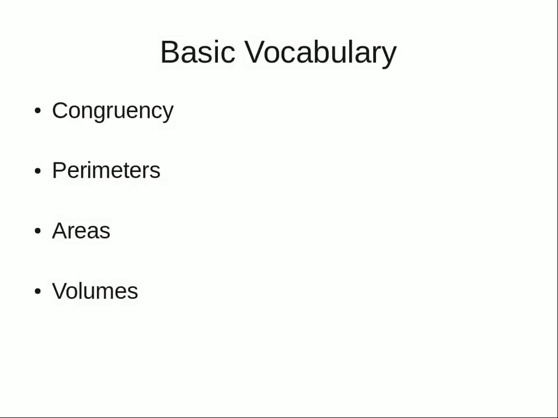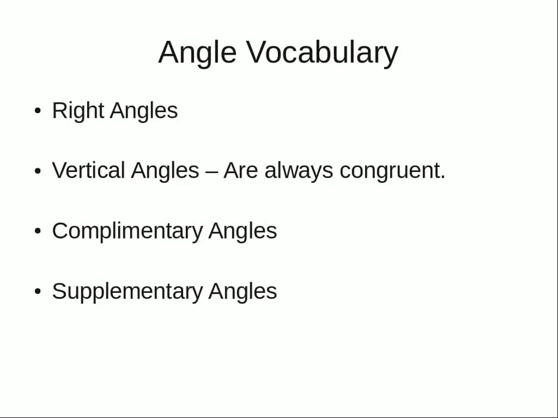All right. Areas, that refers to the amount of space a two-dimensional figure or shape takes up. Volumes, that refers to the space a three-dimensional figure takes up. Right angles, that refers to an angle with a measure of 90 degrees.